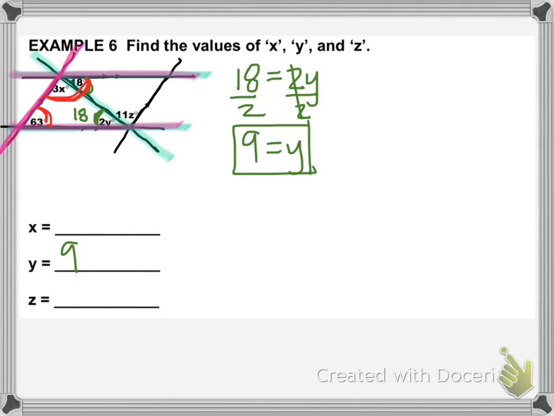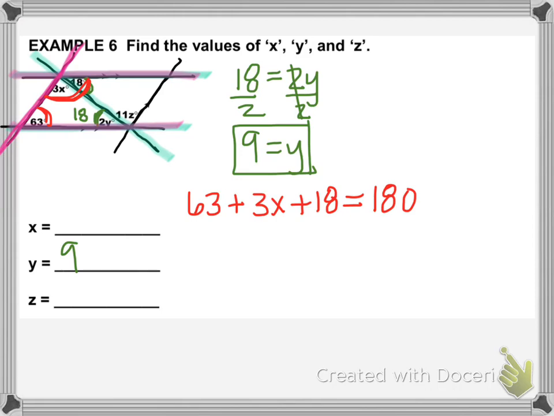They're on the same side of the transversal, and they're between the two pink lines, which means they're supplementary, so they add up to 180. So I'm going to say 63 plus 3x plus 18 equals 180, and I'm going to solve that. Anytime I can create an equation that only has one type of variable in it, I can solve for the value of that variable. So we have to be creative.